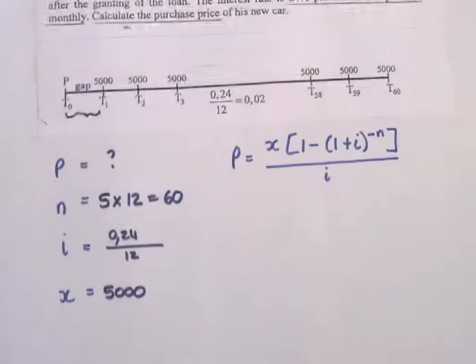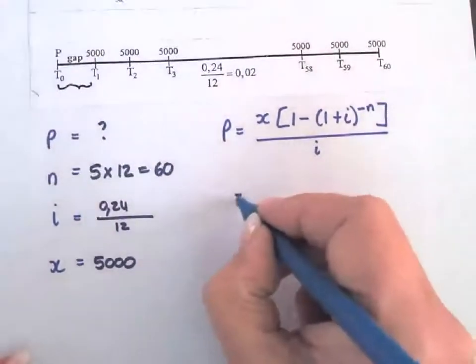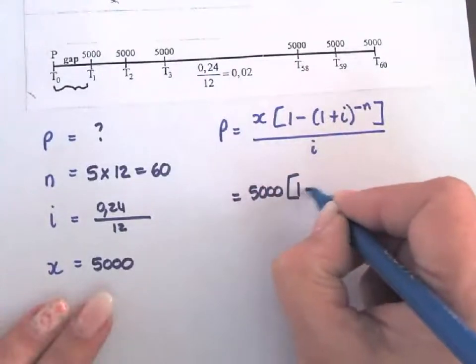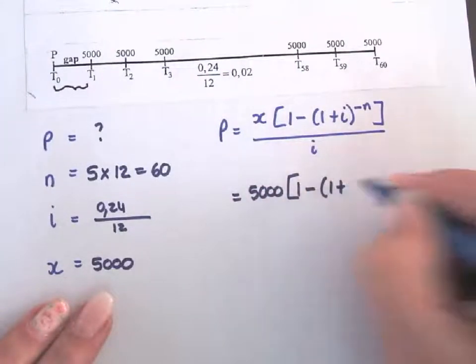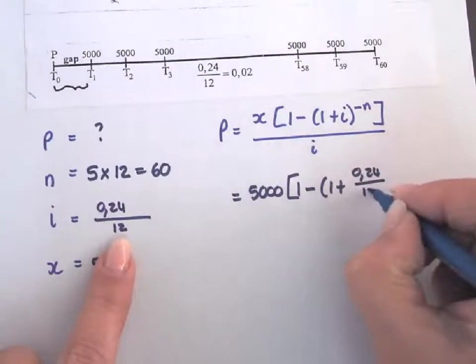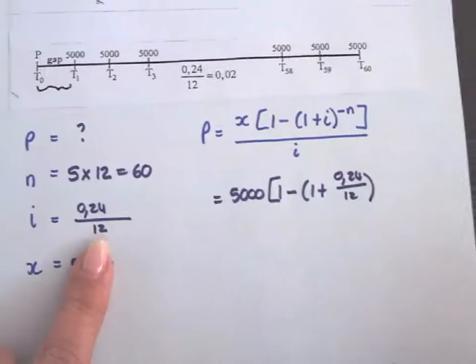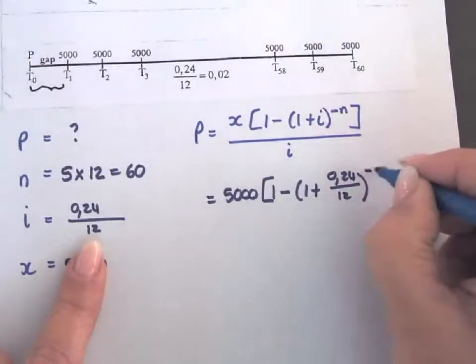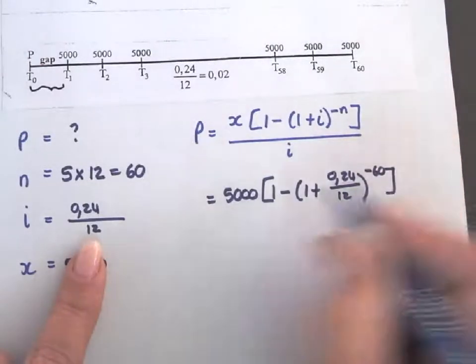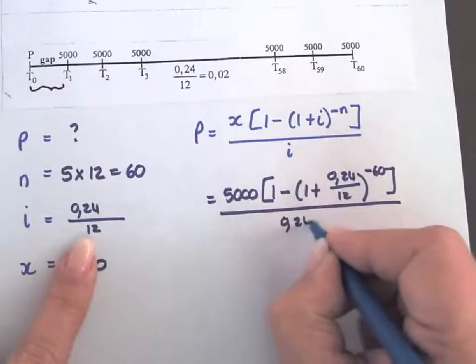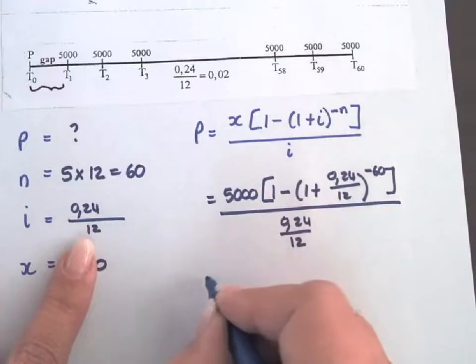Then you substitute all the values. X is 5,000. 1 minus 1 plus 0.24 divided by 12 to the power of minus 60. Divide by I is 0.24 over 12.